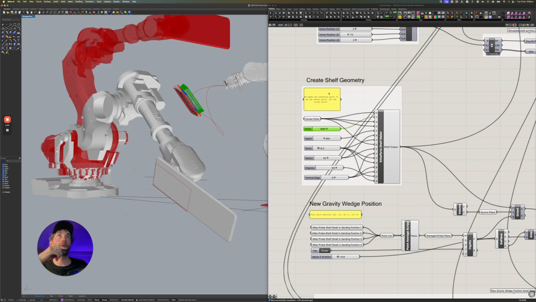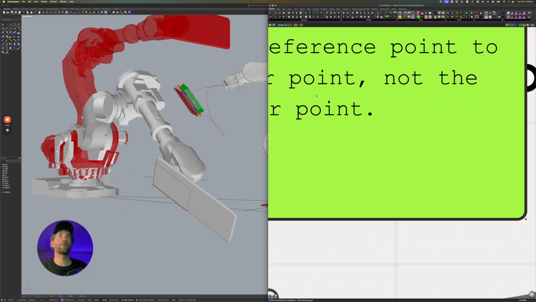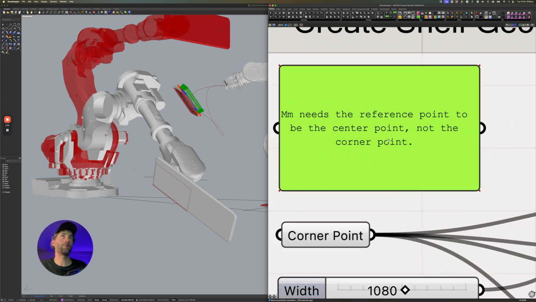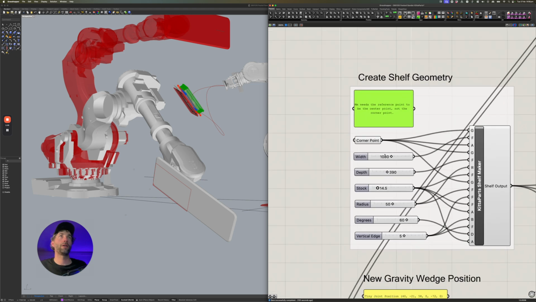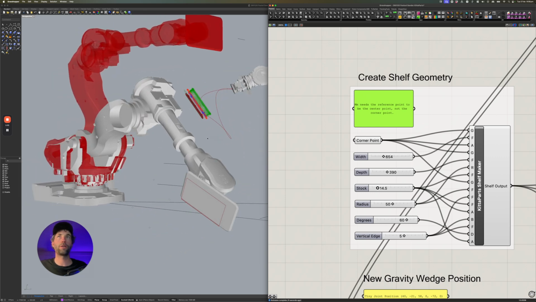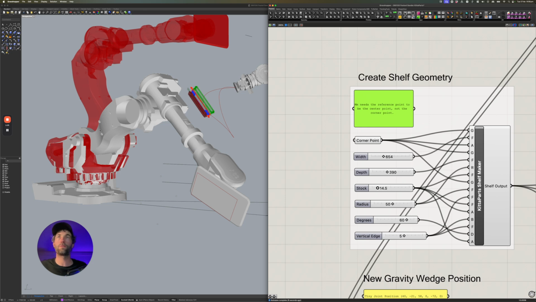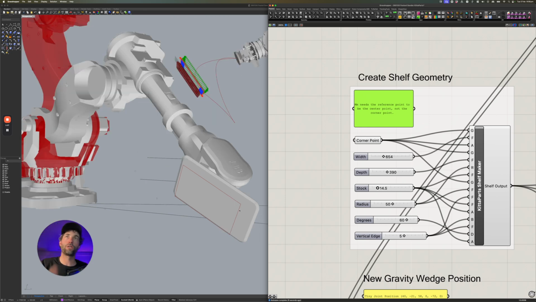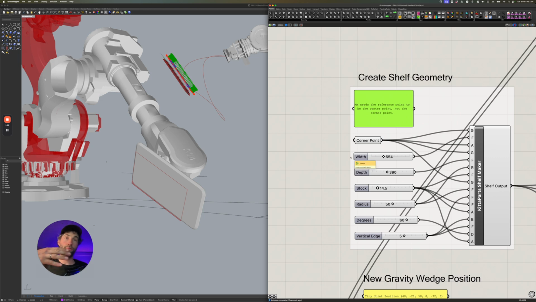And at the moment, I've got this arbitrary little note saying, yes, the reference point needs to be the center, not the corner point. At the moment, this little shelf down on the gravity wedge, which is my sort of alignment tool in space, where Tiny comes and picks the shelf, drops it into the gravity wedge, lets it fall, and then picks it up in a really repeatable position.